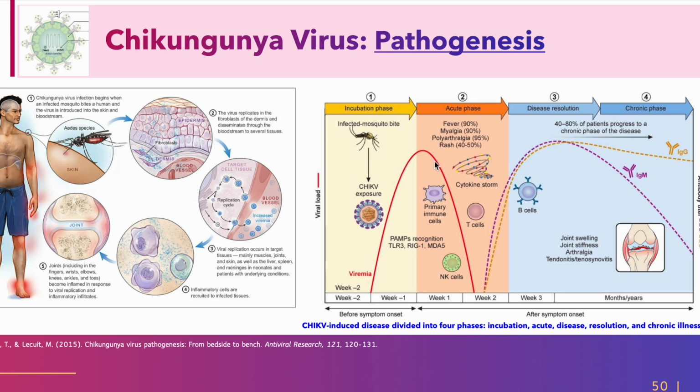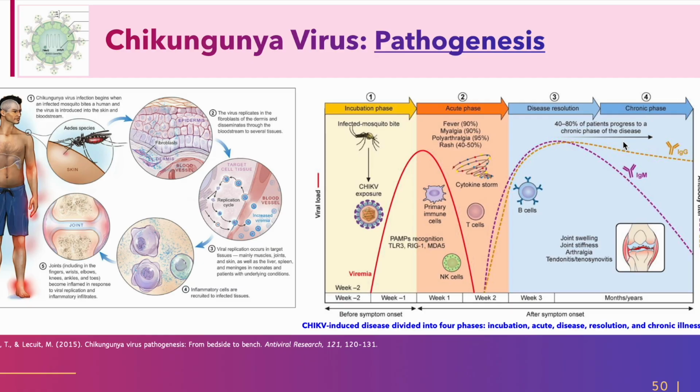After the acute phase, the primary immune cells, T cells and NK cells, come to kill the virus, and the viremia, the virus inside the blood vessel, decreases, and IgG and IgM start to appear. For 40 to 80% of patients, the disease progresses to the chronic phase. That means this kind of virus quite survives in the body of the host cell.